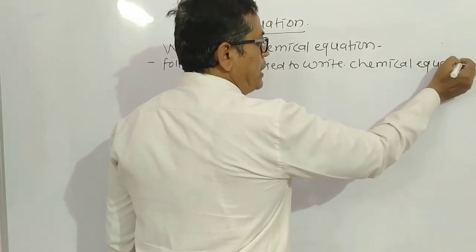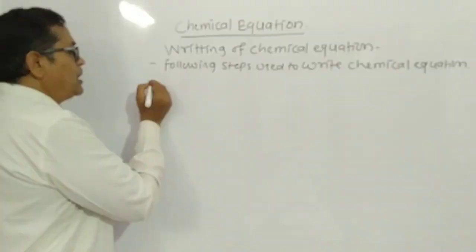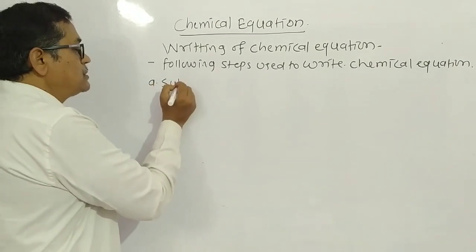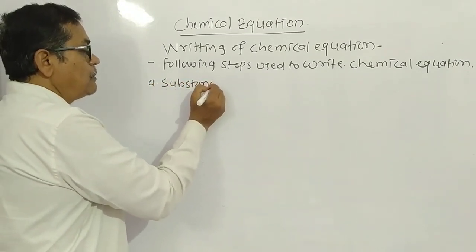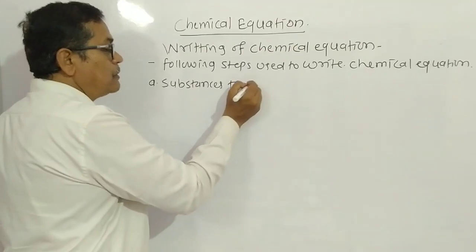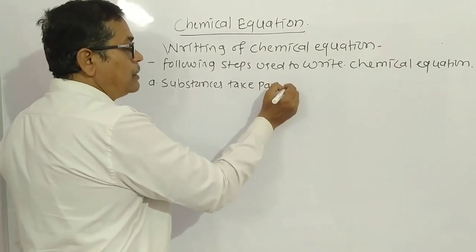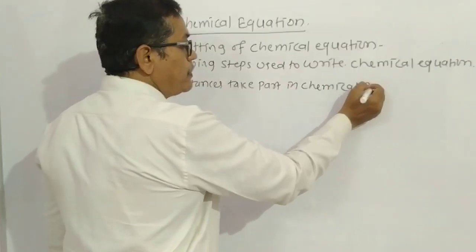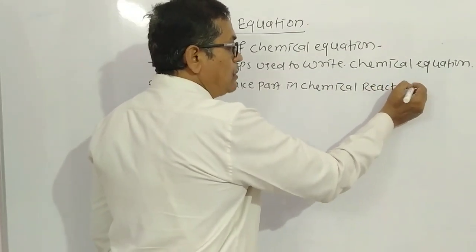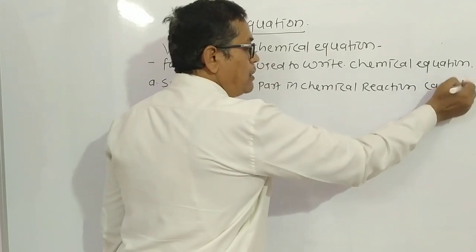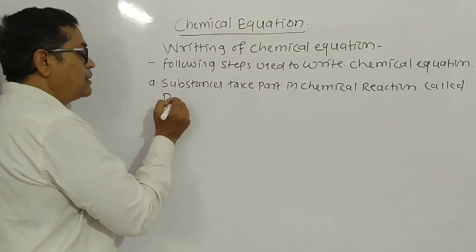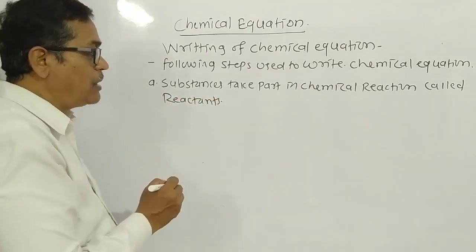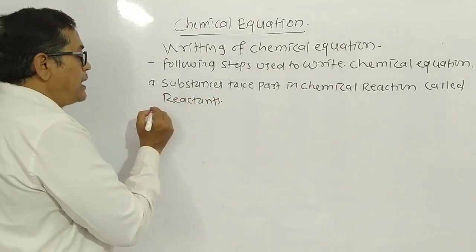The first step: substances which take part in a chemical reaction are called reactants.